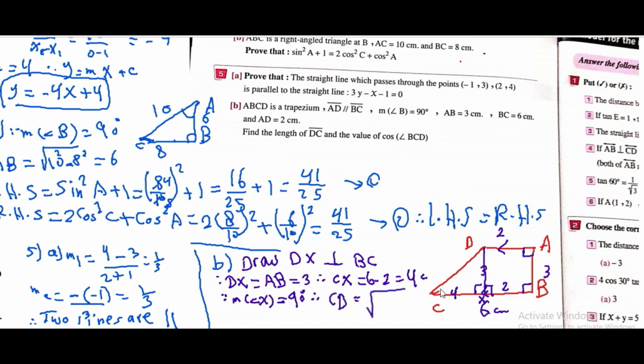CD will be equal to 5 centimeters. We want to find the cosine of angle DCB, this angle C. Cosine equals adjacent over hypotenuse. This hypotenuse is 5, so it equals 4 over 5.